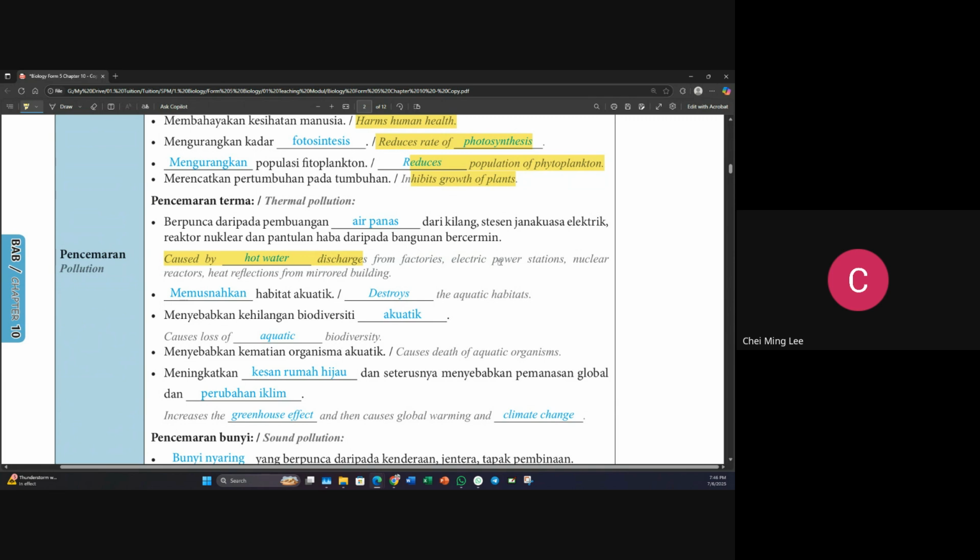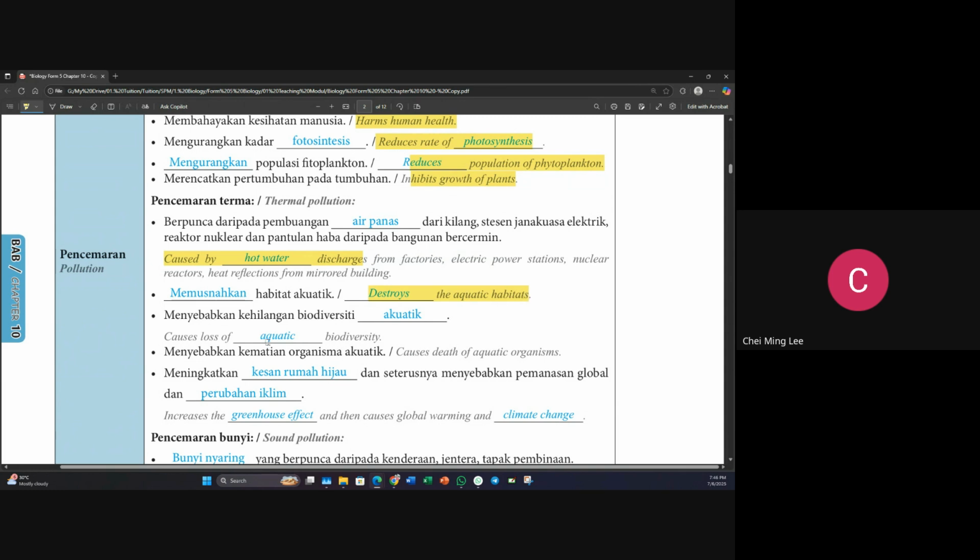Okay, something like that. So it will also destroy the aquatic habitat. For example, when we release the hot water into the river, the river temperature will increase. So when it increases, it might cause the enzymes of certain aquatic organisms to denature.